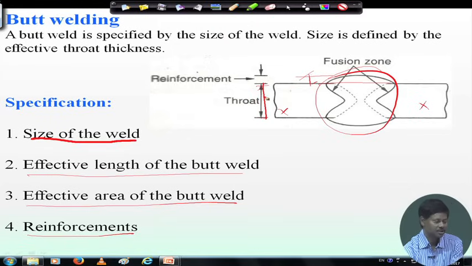I told you this reinforcement is necessary. Though we do not calculate strength due to this extra deposit, it is necessary for an efficient joint of the members. To ensure full strength, we provide a certain amount of reinforcement.